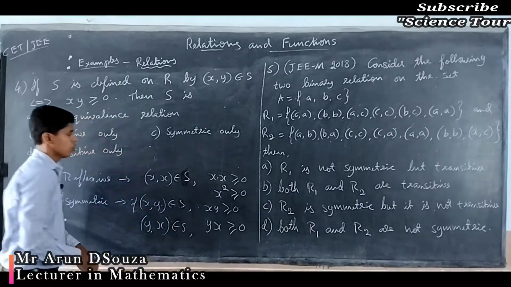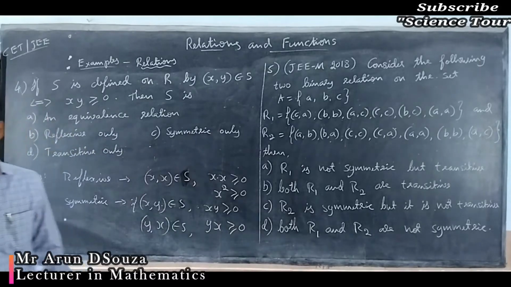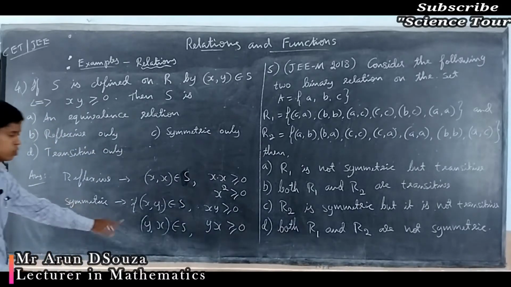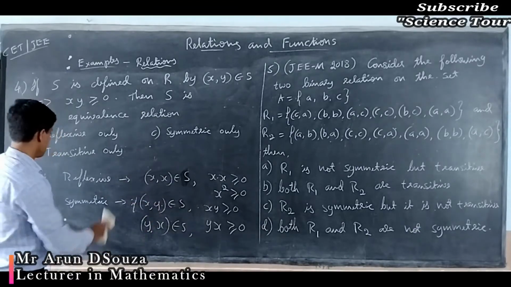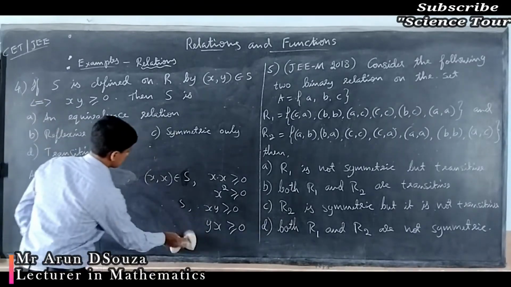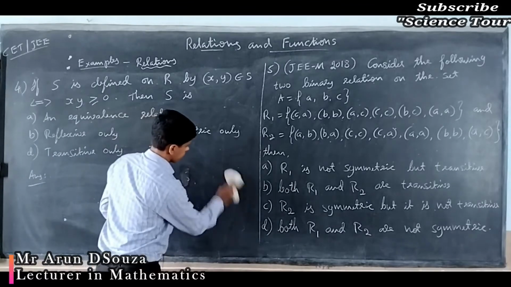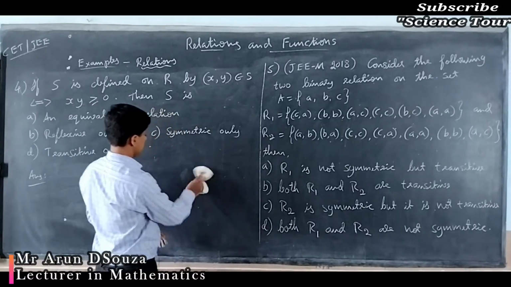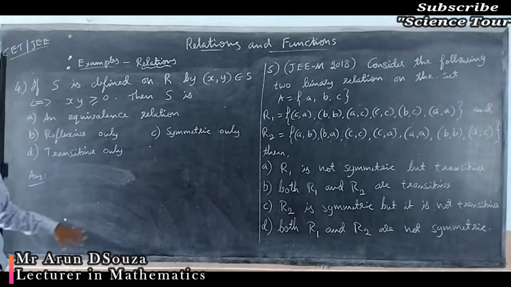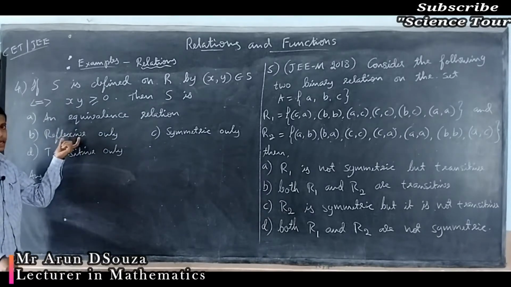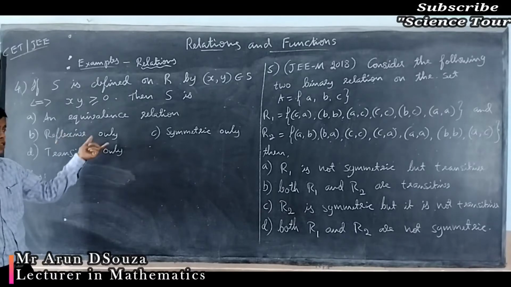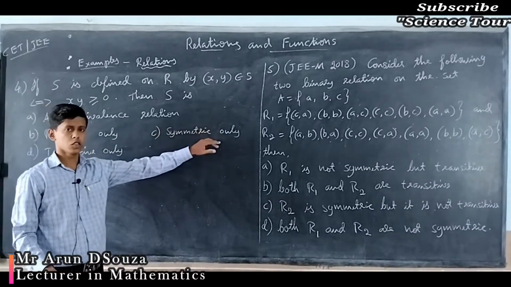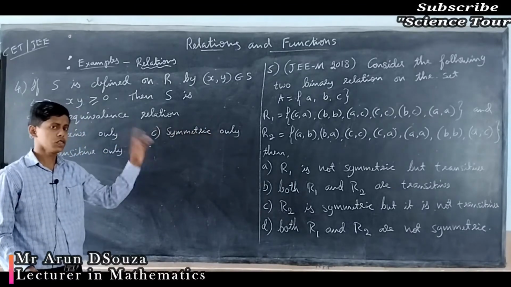This is symmetric, because if (x, y) is there, then (y, x) will also be there. Now let's discuss transitivity. This is reflexive and symmetric, so the option reflexive only is not correct. Symmetric only is also not correct, because it is also reflexive.